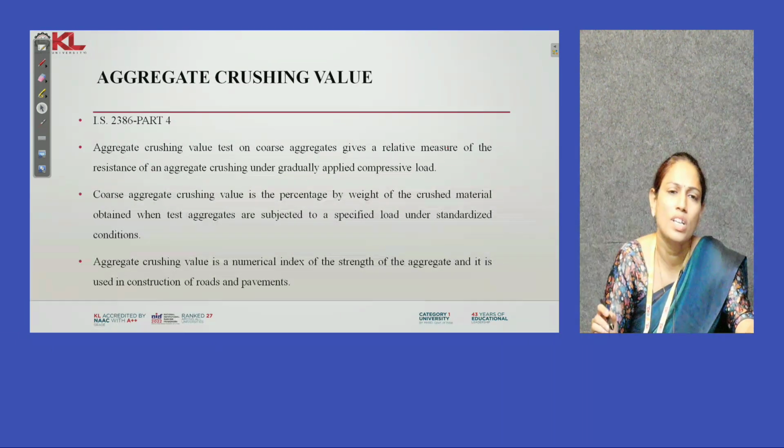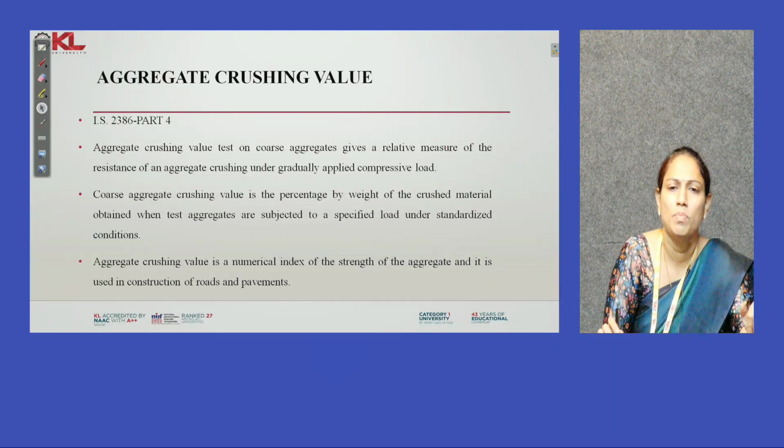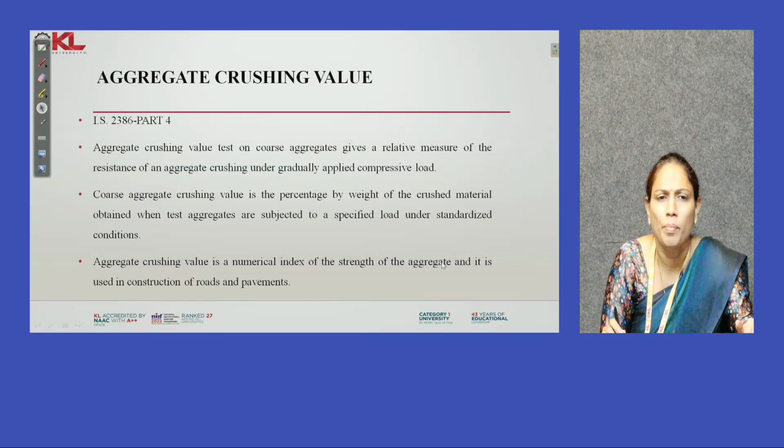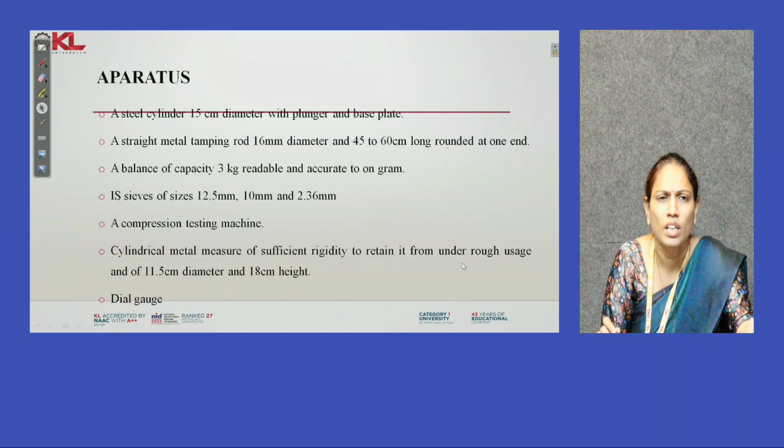So if you see, the aggregate crushing value is the percentage by weight of crushed material obtained when test aggregates are subjected to the specified load under standardized conditions. So the aggregate crushing value is a numerical index of the strength of the aggregate, and it is used in construction of roads and pavements.